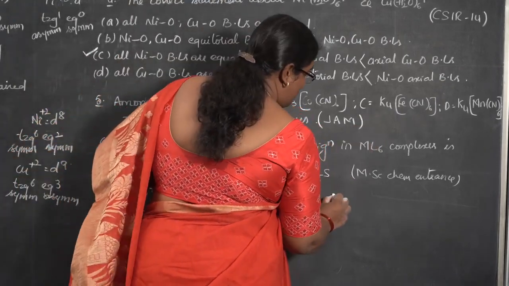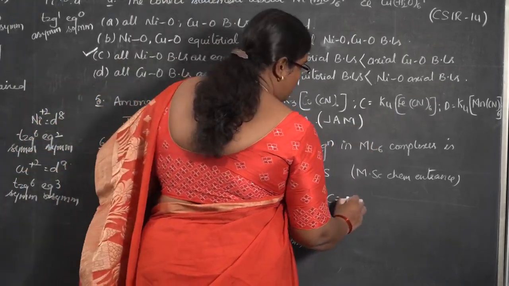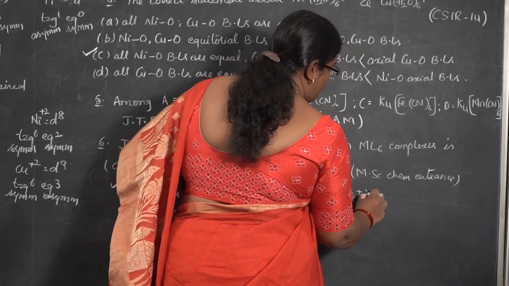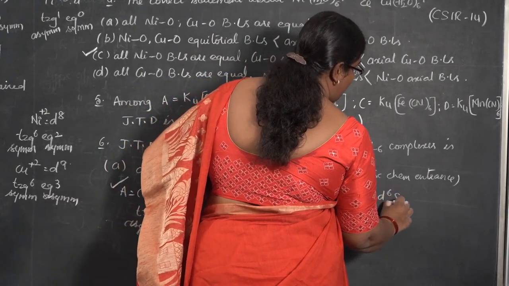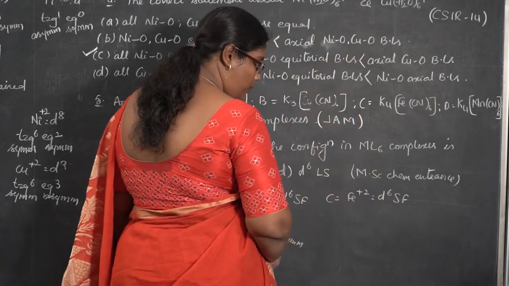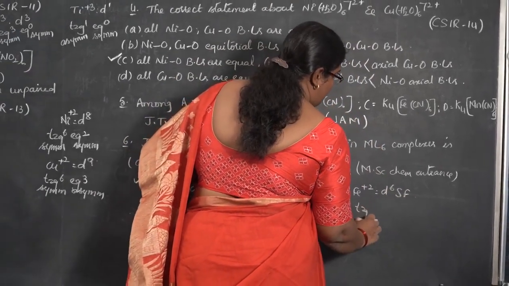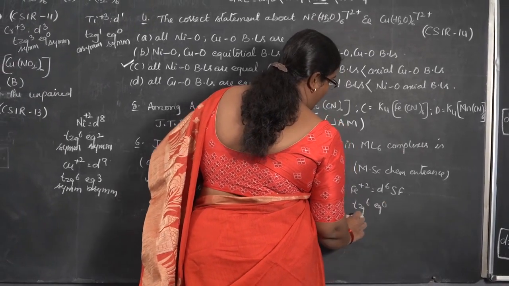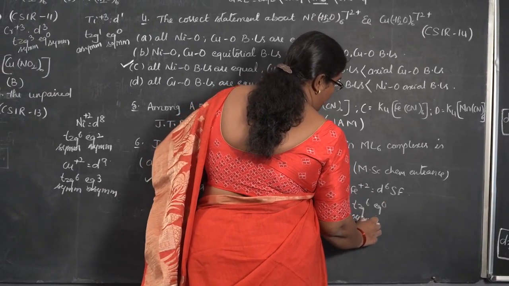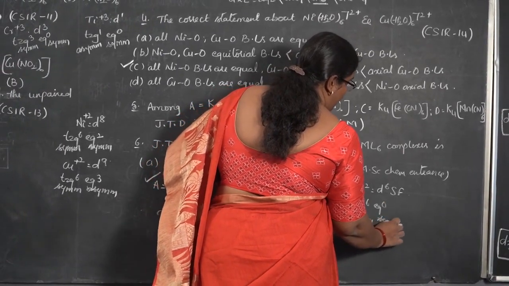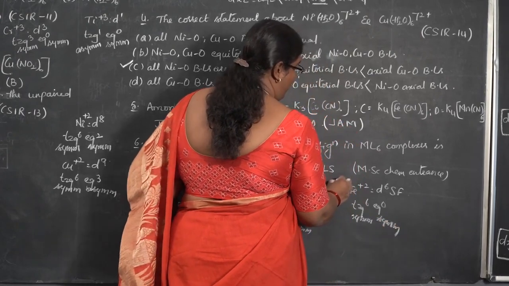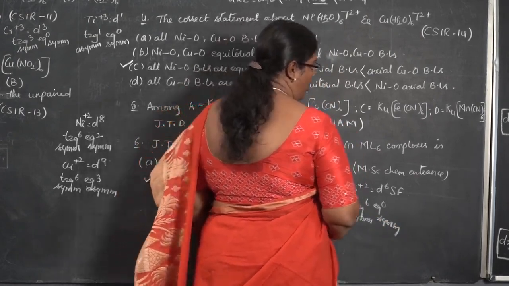And if you go for C option, the metal is Fe plus 2, it is again D6 strong field. So it is T2G6 Eg0, both are symmetric, there is no distortion. So you won't find any distortion in the complex.